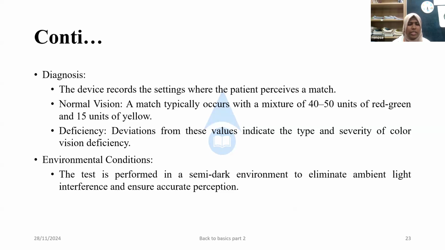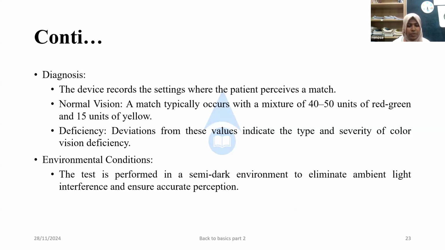Diagnosis. The device records the setting where the patient perceives a match. Normal vision: a match typically occurs in a mixture of 14 to 15 units of red and green and 15 units of yellow. Deficiency: deviation from this value indicates the type and severity of color vision deficiency.